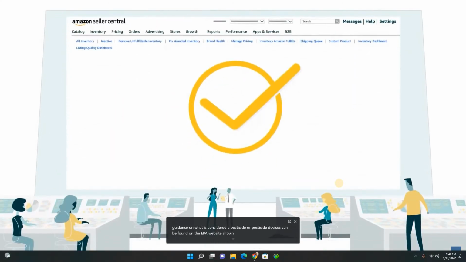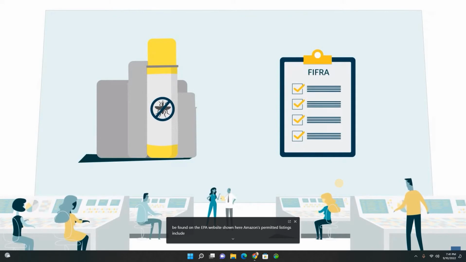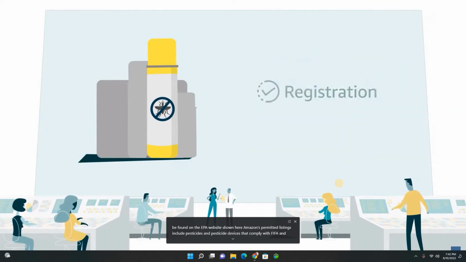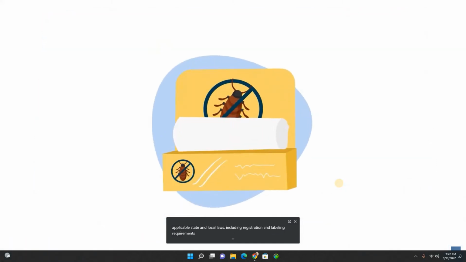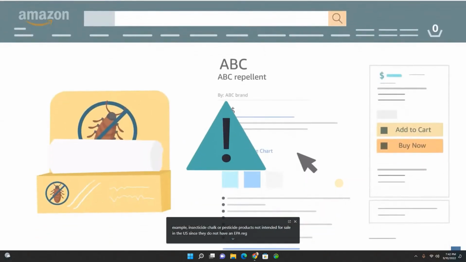Amazon's permitted listings include pesticides and pesticide devices that comply with FIFRA and all applicable state and local laws, including registration and labeling requirements. The sale of unregistered pesticides, for example insecticide chalk, or pesticide products not intended for sale in the U.S., since they do not have an EPA registration number, are prohibited from sale on Amazon.